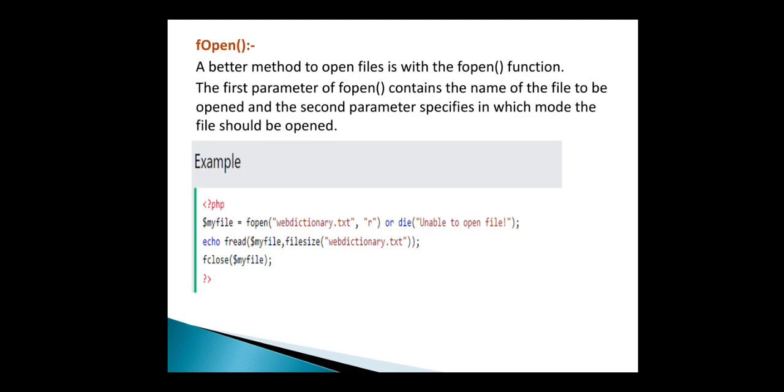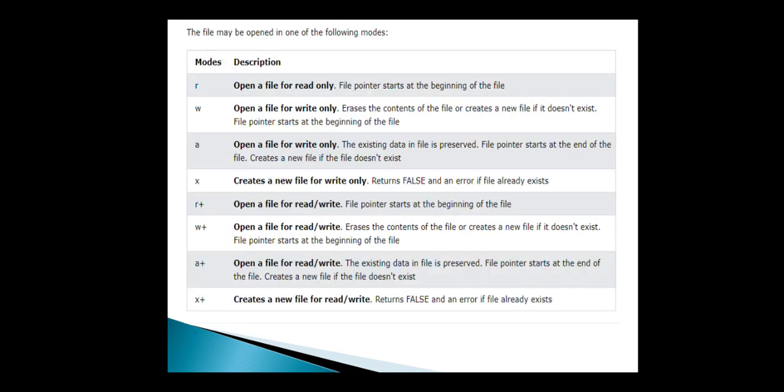So the web dictionary can display the particular text which has been written in that file. Okay, so a file may be opened in one of the following modes. R: open a file for read only, file pointer starts at the beginning of the file.